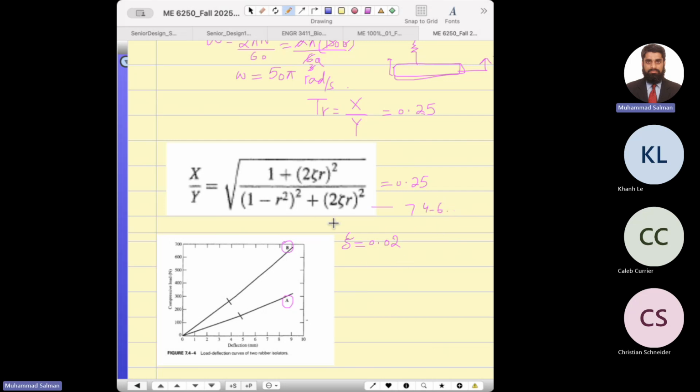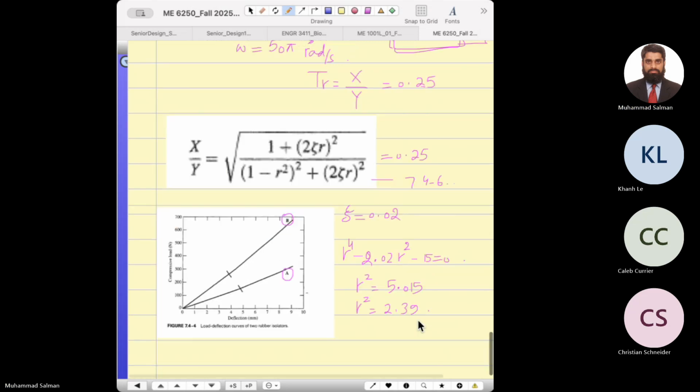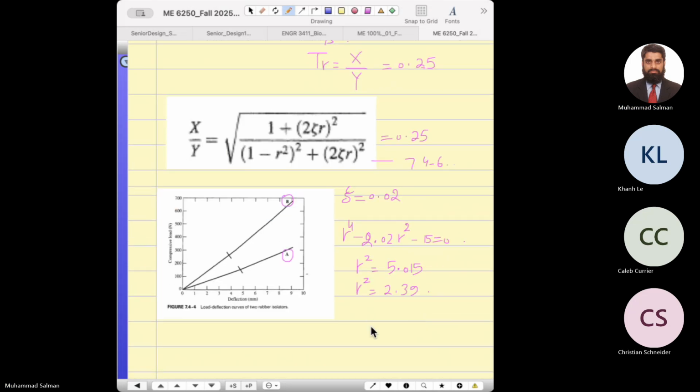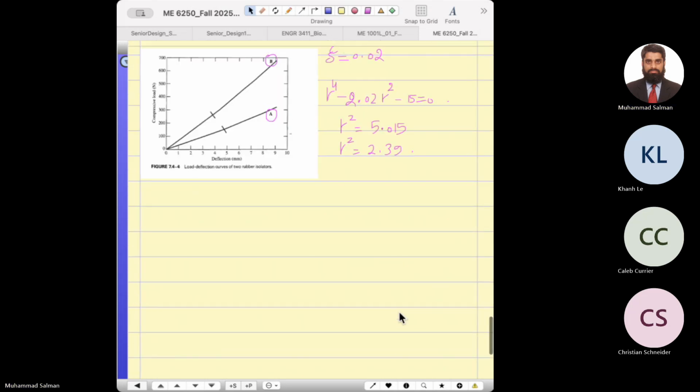If you solve for this, this will give you r to the power 4 minus 2.02 r squared minus 15, so r squared equals 5.015, or r squared equals 2.394. So you can select r squared either 5 or 2.39.